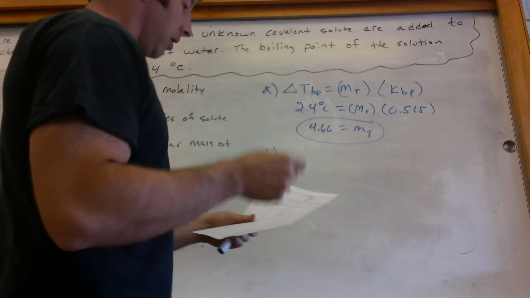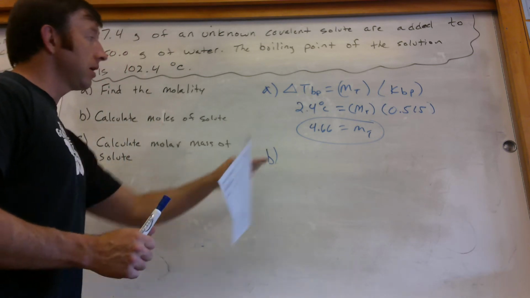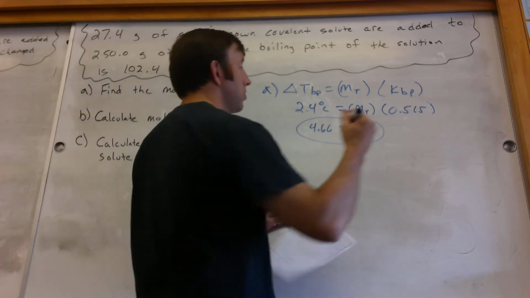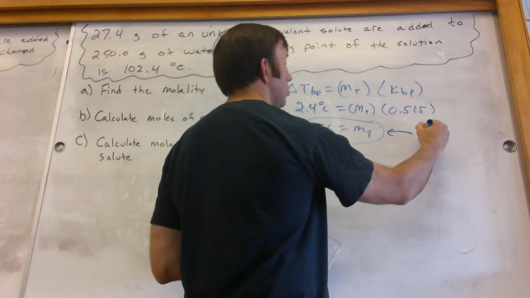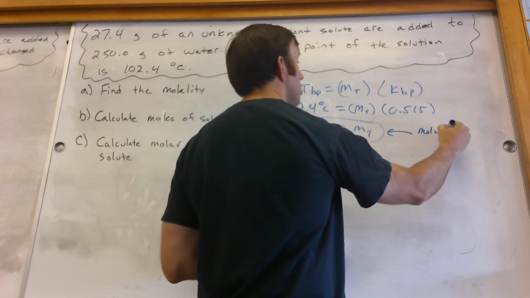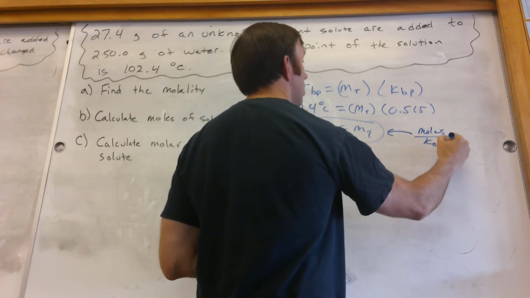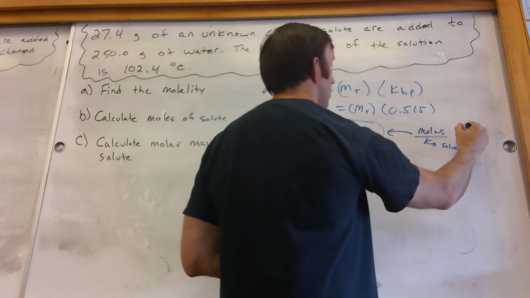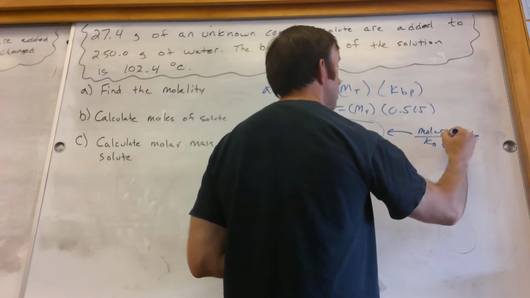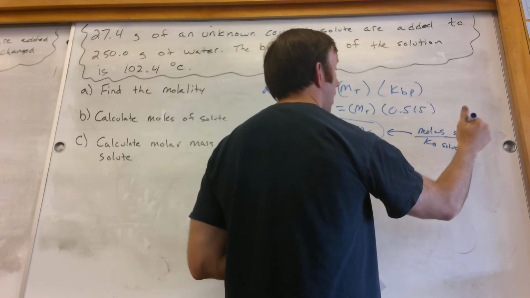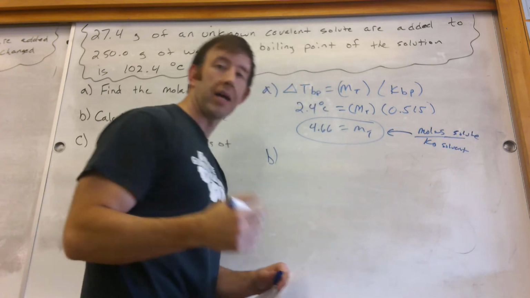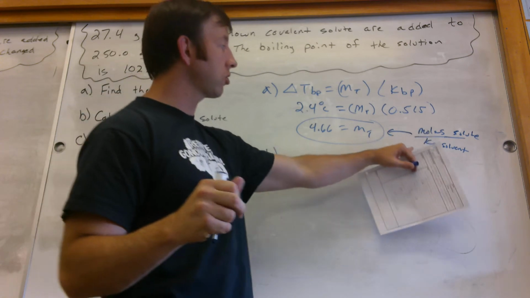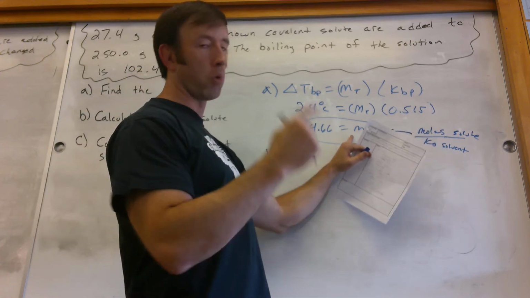So, molality, if you remember, is equal to moles per kilogram of solvent, and this would be moles of solute. We talked a fair amount about that in the last video I posted here. So moles of solute over kilograms of solvent is what molality is.